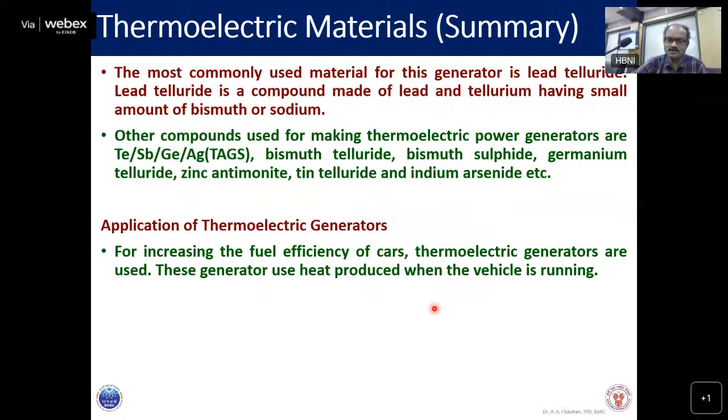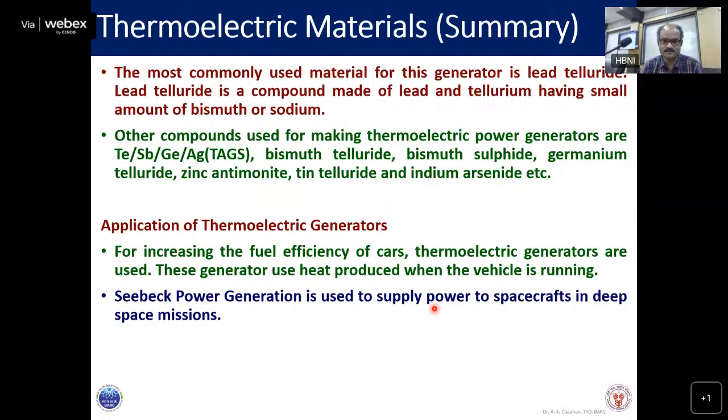This electricity can be used for other things. Similarly, in bikes you have a silencer where the temperature is very high, or near the engine, you put thermoelectric generators, and because the temperature difference is very high there, a lot of energy is generated.